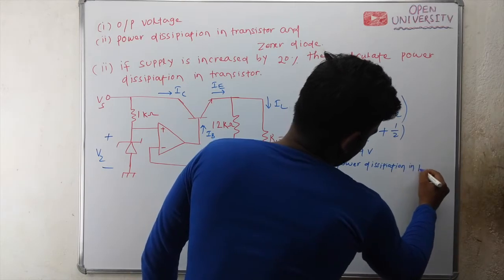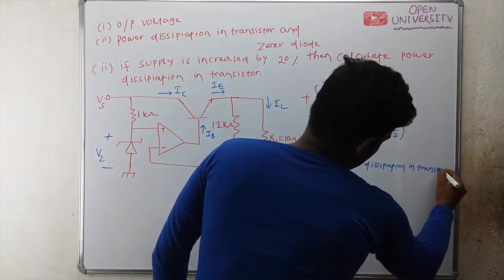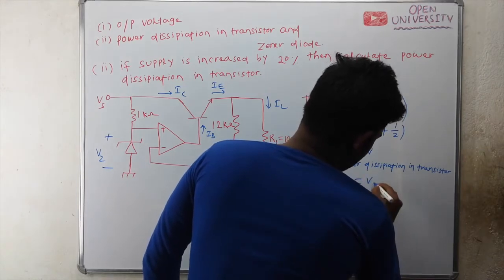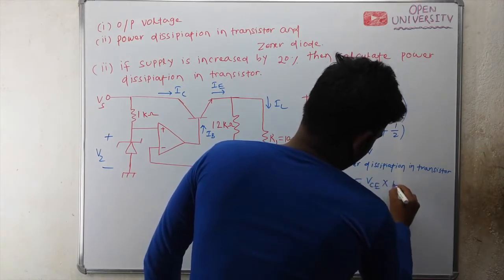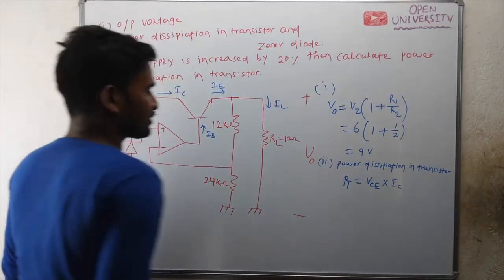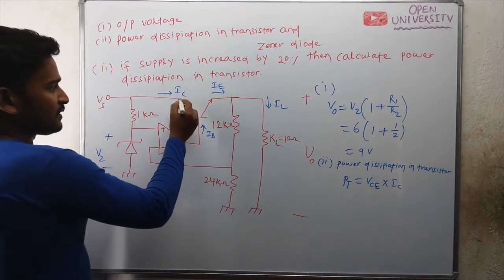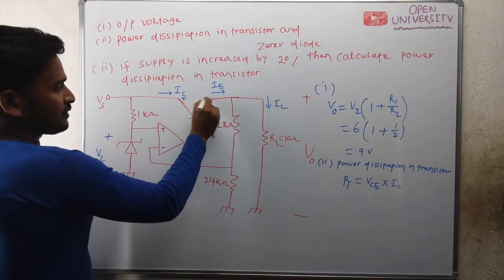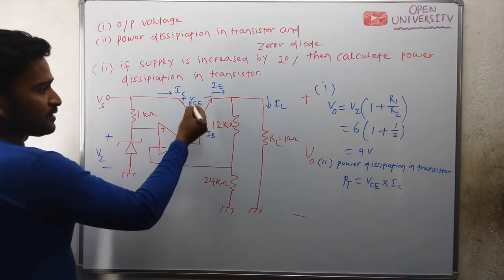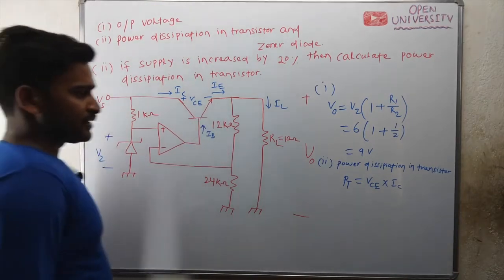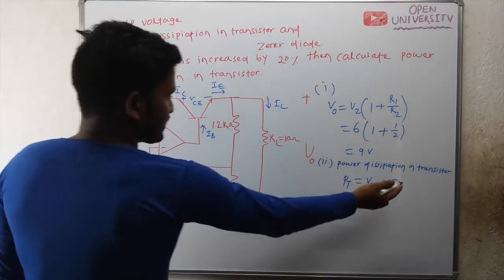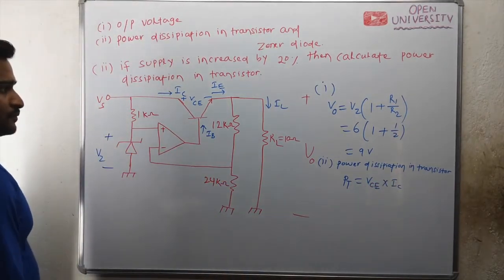The formula is Vce into Ic. This is the formula for power dissipation through the transistor. This is the collector terminal, this is the emitter terminal, this is Vce. So we require the Vce value and the Ic value.